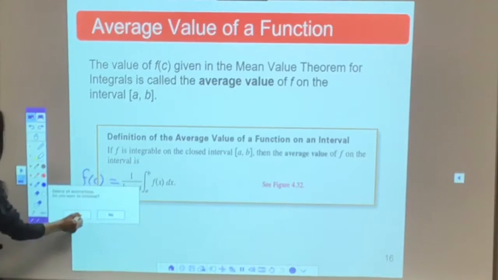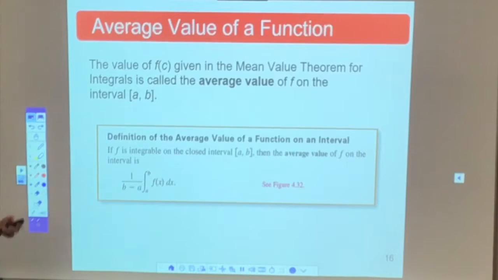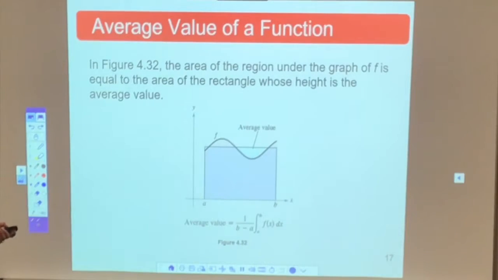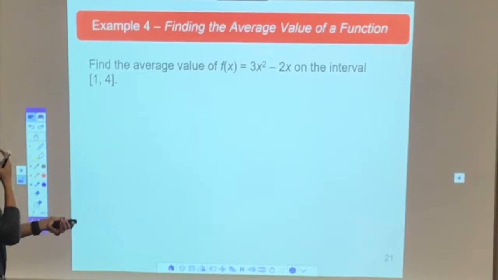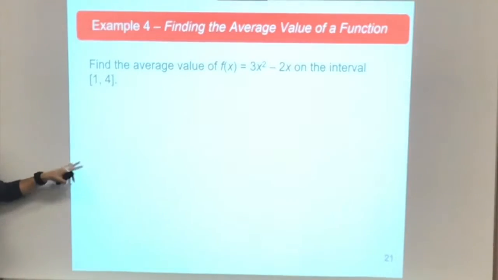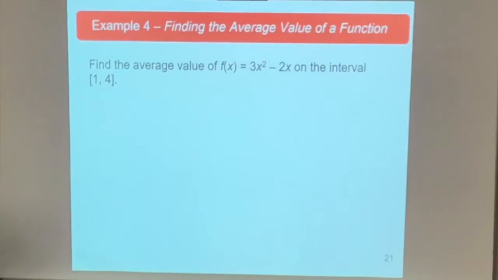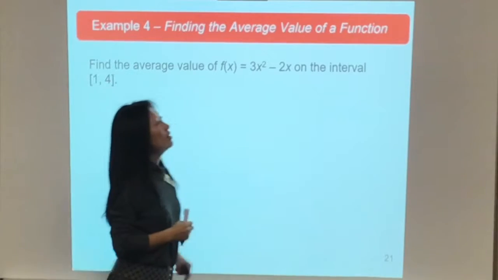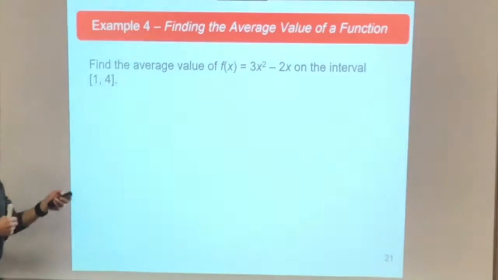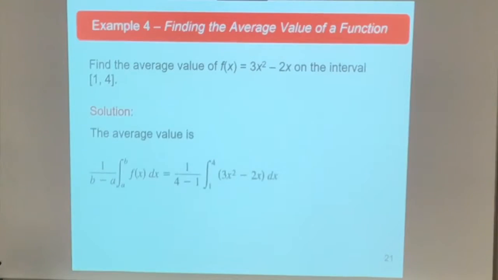So now we're going to use this to do our problem. Come over here, don't worry about all that. Example 4, finding the average value of a function. Find the average value of this function on this interval. I'm going to use my formula.